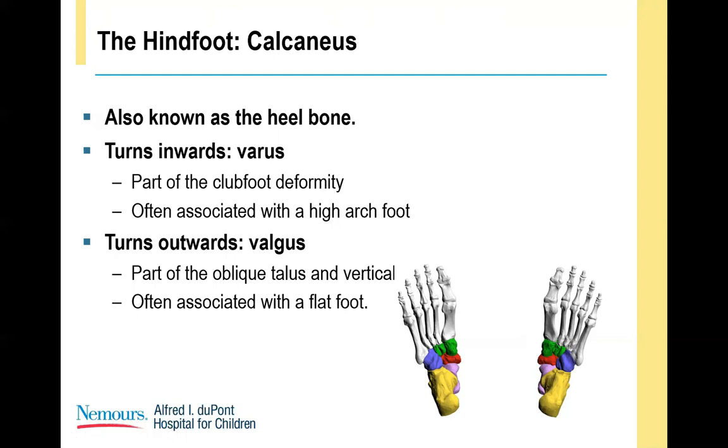Clubfoot is often known as an equinovarus deformity, and it's also associated with a high arched foot. If it turns outwards, or valgus, such as in an oblique talus or a vertical talus, it is also associated with a really flat foot.